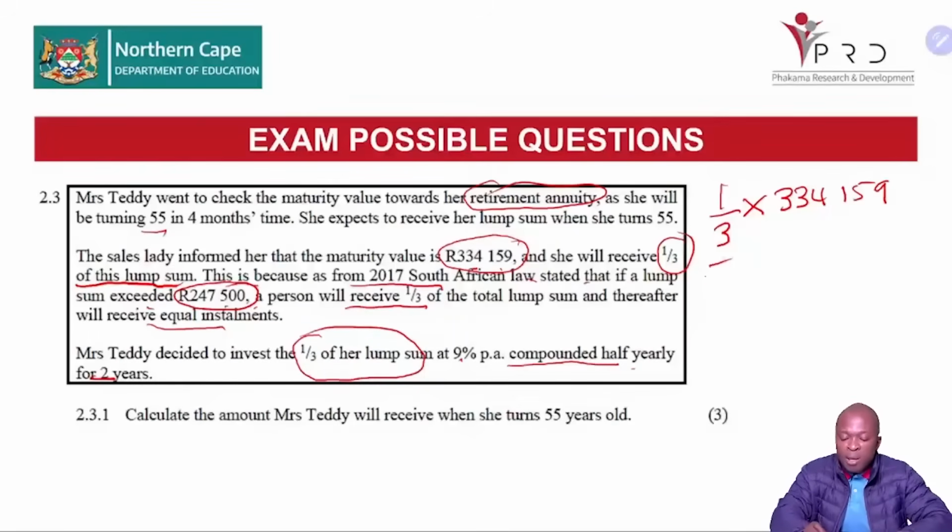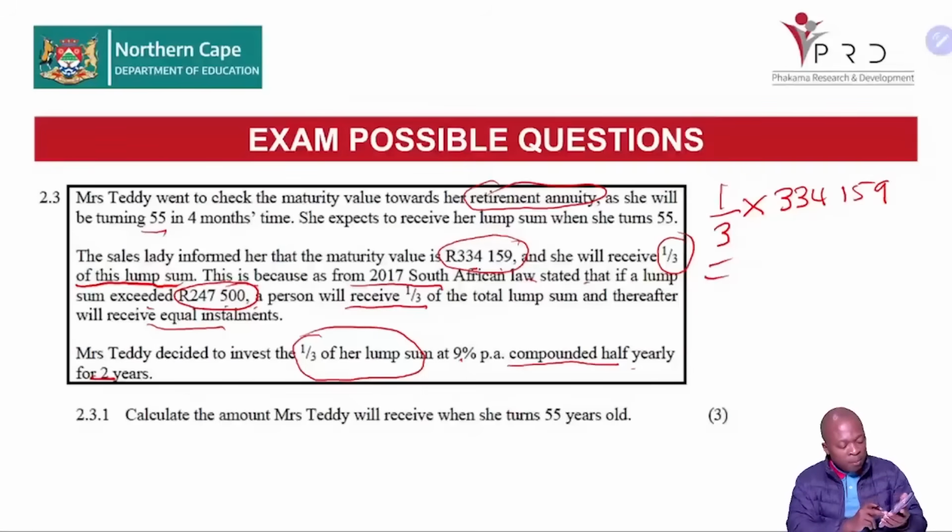334,159. Then you take your calculator, you will say 1/3, then you push and say times 334,159.